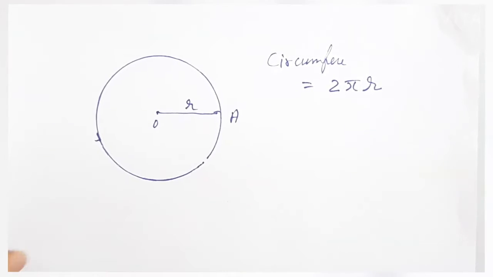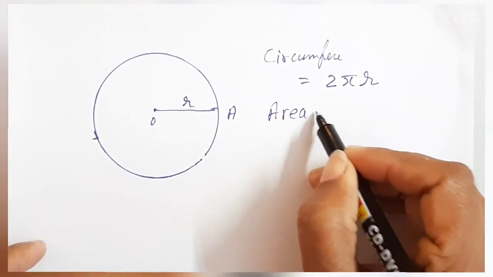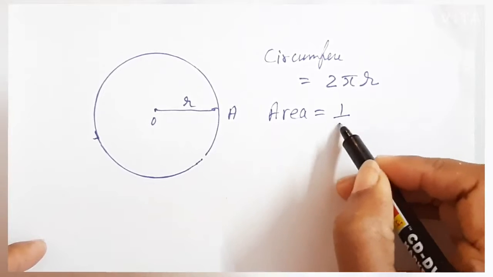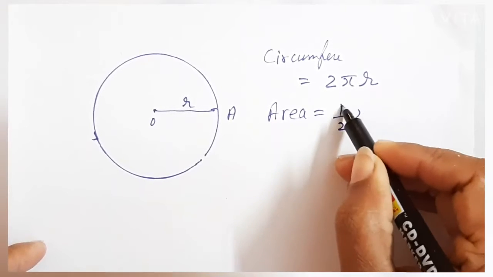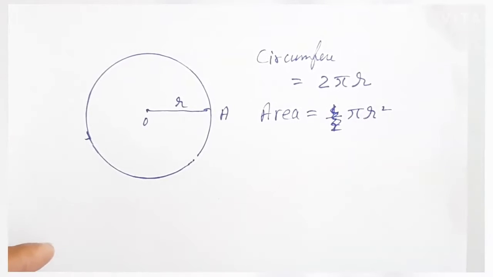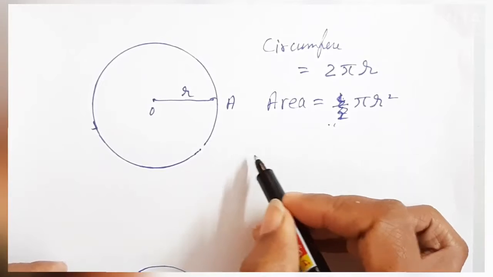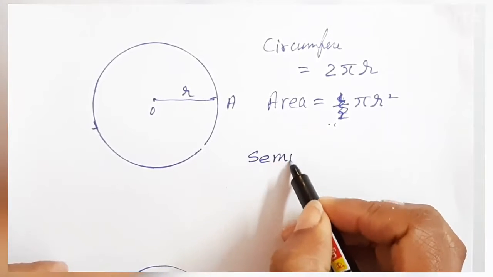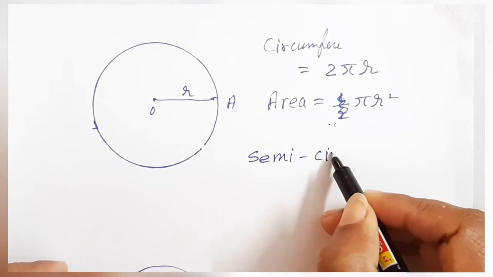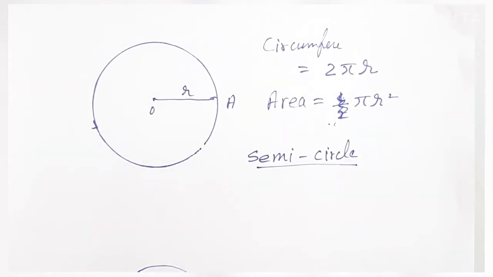Clear? And area of circle is pi r square. Now students, when we have to take half pi r square? Yes, when it is a semicircle.